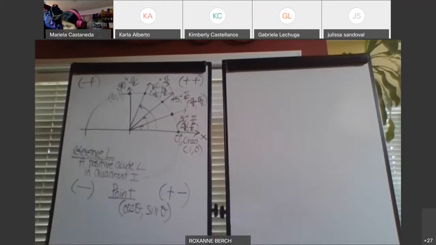Very important that you know this definition. Because first of all, it's positive. Second of all, it's acute, which means it's between 0 and 90. So positive acute angle in quadrant 1.